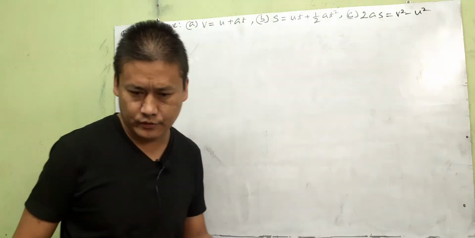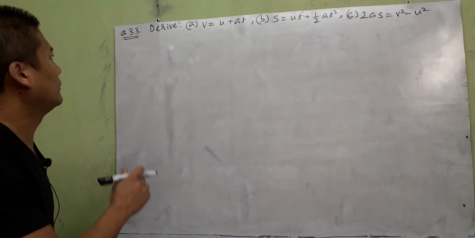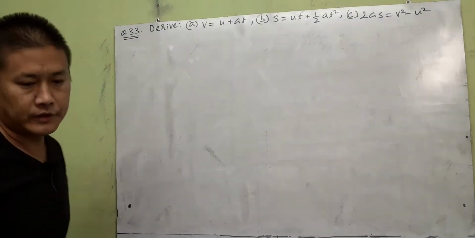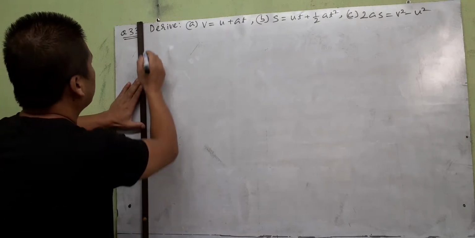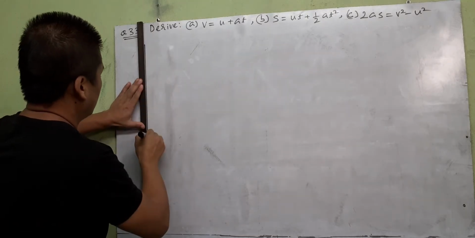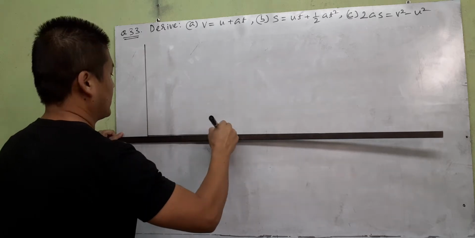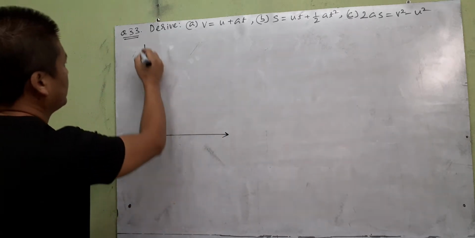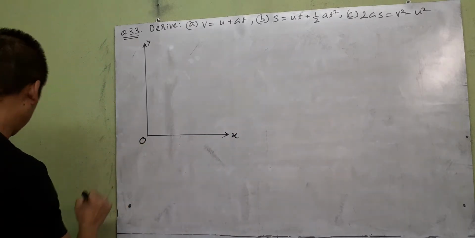So we have been using this to solve the numericals, right? Today we're going to learn how it is derived, using the graphical method. Draw along with me a graph. This is your y-axis, this is your x-axis. Origin is 0.